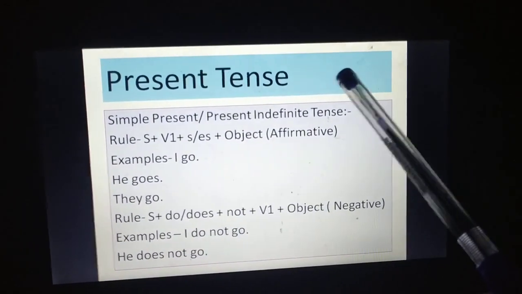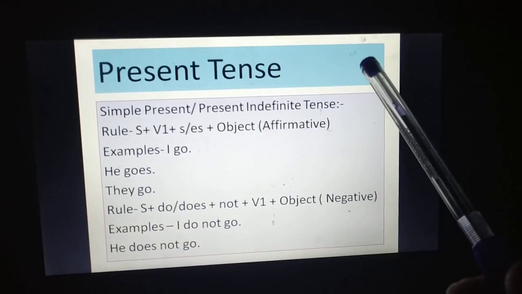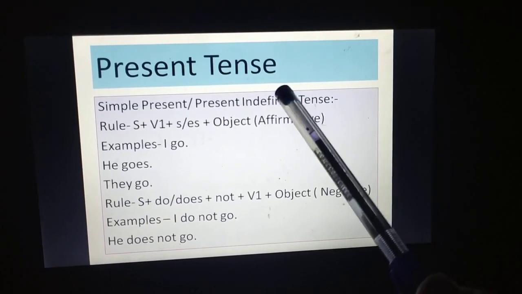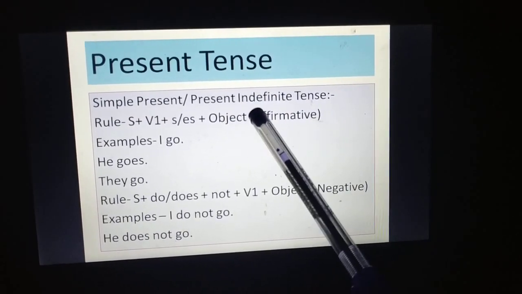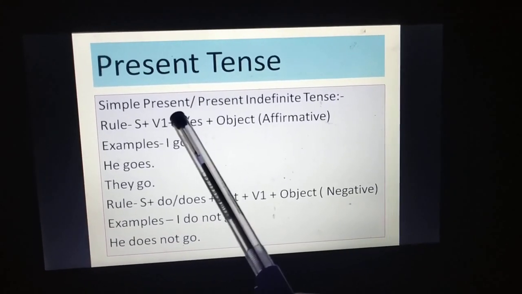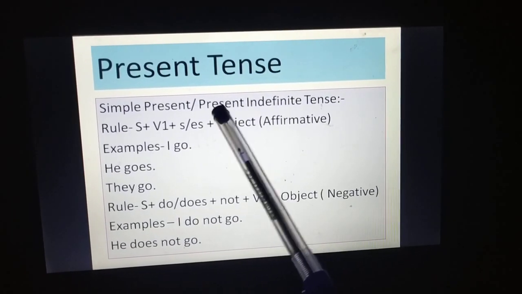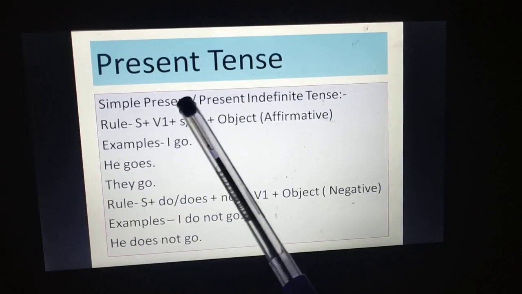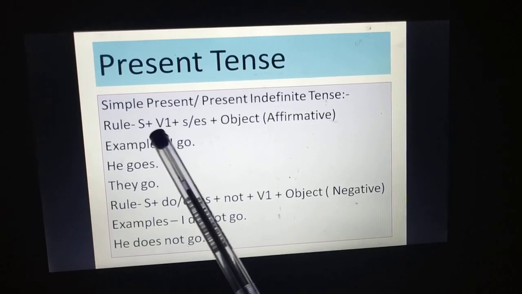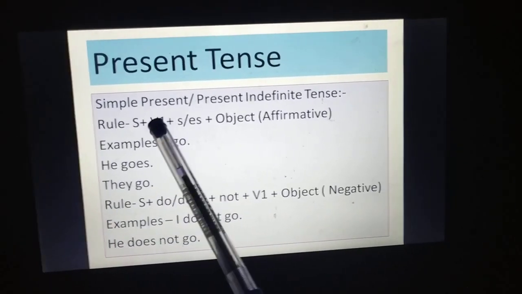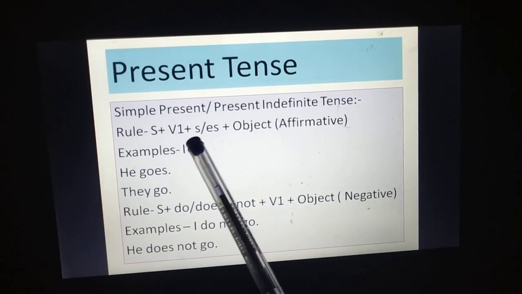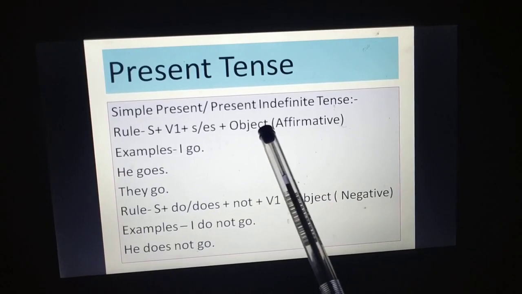Now, as I told you, in the whole lecture we will study to convert sentences into negative, and we will study all types of present. So first is our simple present, or we call it present indefinite tense. The structure for affirmative sentence is subject plus V1, first form of the verb, plus S or ES plus object.